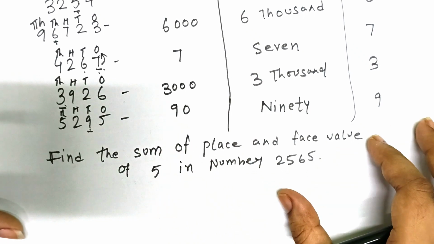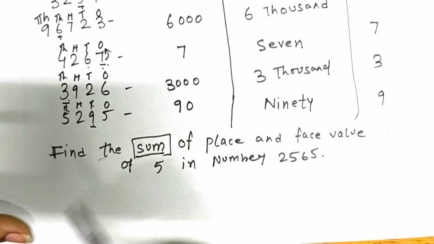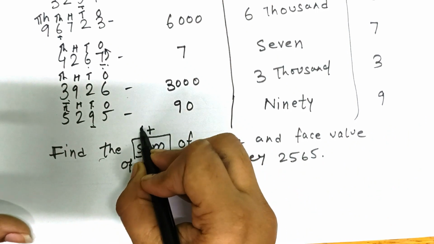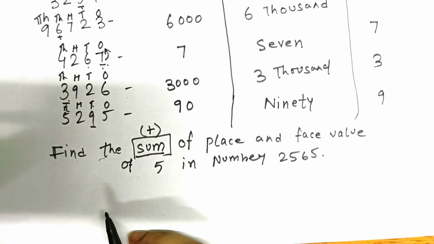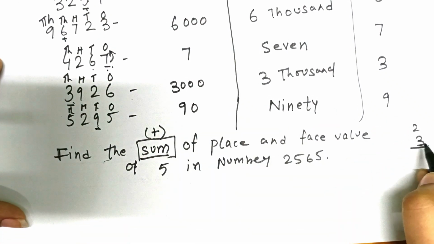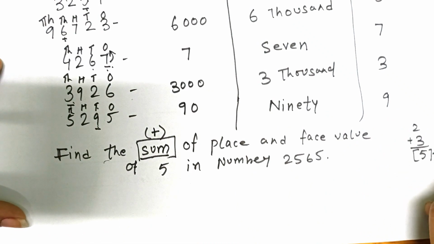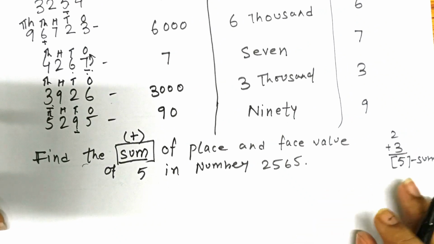Clear? You will get a question like this, meaning find the sum. First you have to understand what a sum is. Sum is the result of addition. If you add 2 and 3, you get your answer, that is 5, and this answer is called the sum.